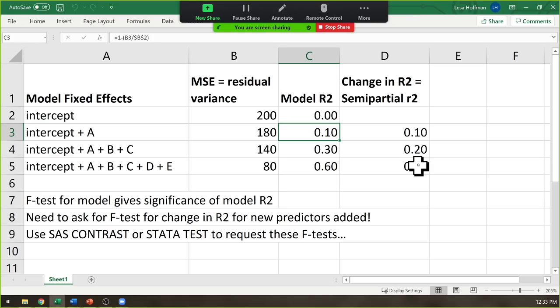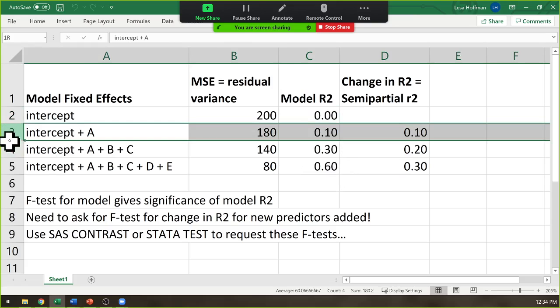Because it's only one predictor, the test of that predictor's slope is equivalent to the test of that model. When there's only one slope in the model, the test of the model, that's the F for the R square, is t squared of the test of the slope. So you don't have to do anything special to get a significance test of the R square. Relative to an R square of 0, that's a change of 10%.